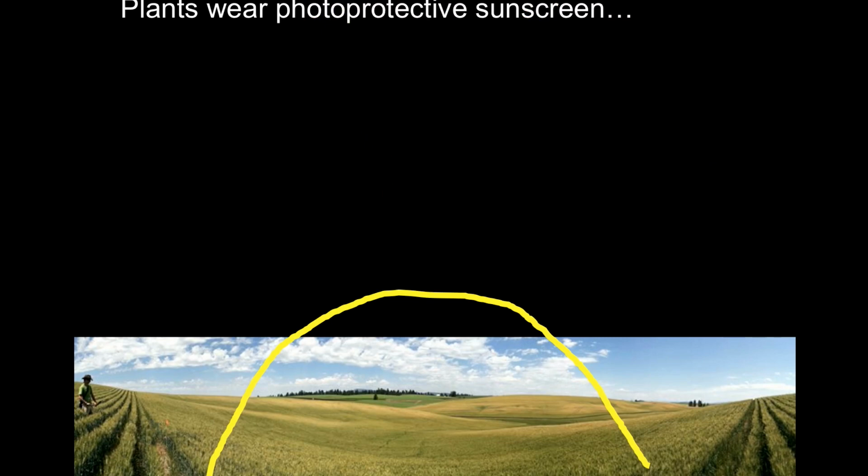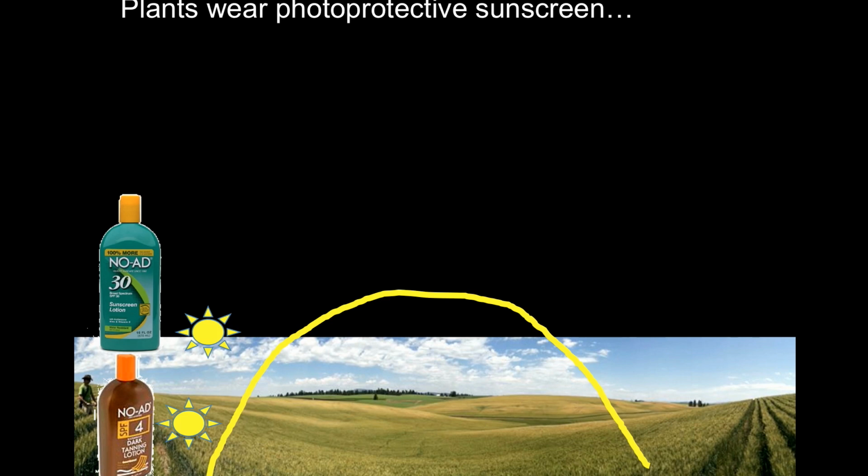I like to think of photoprotection as sunscreen. If you look down at this poorly drawn cartoon at the bottom at the farm, I have the course of the sun in yellow here, going from dawn to dusk. Maybe early in the morning, the plant is putting on some bronzing lotion. The sun isn't strong enough to cause any damage, so it doesn't need to put on much sunscreen.